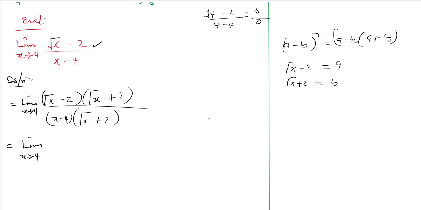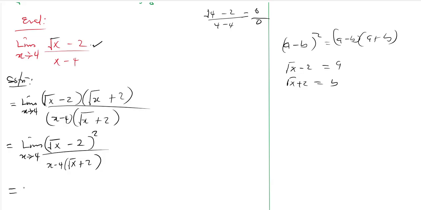So let's rewrite the numerator as difference of squares. We are going to have root x squared minus 2 squared all over x minus 4 multiply root x plus 2.